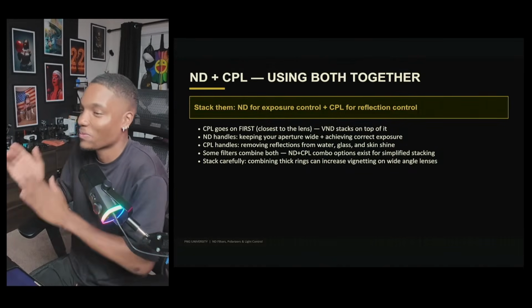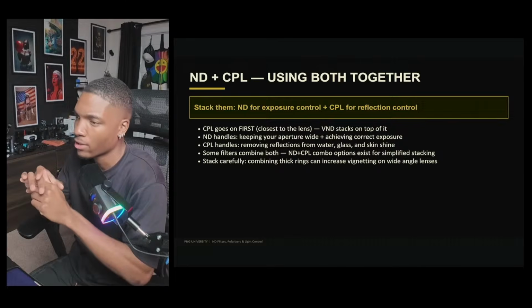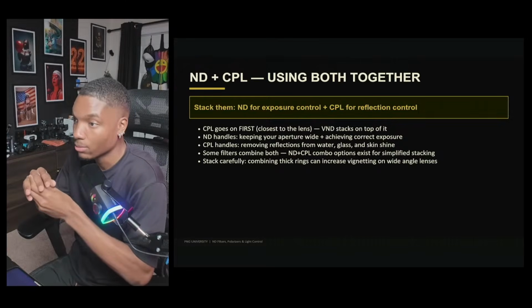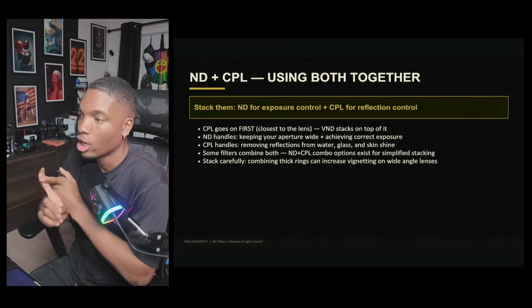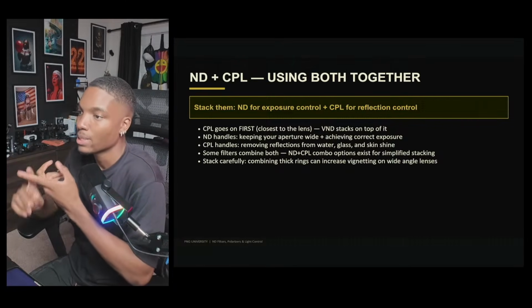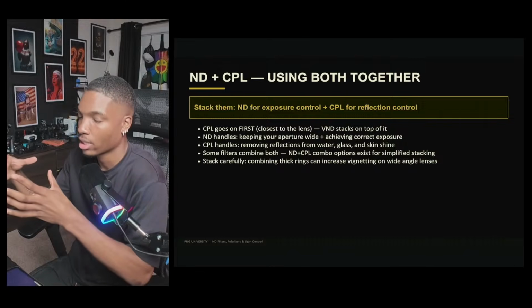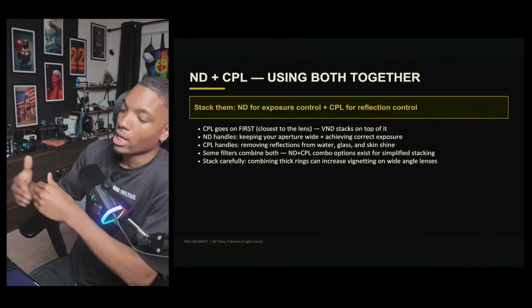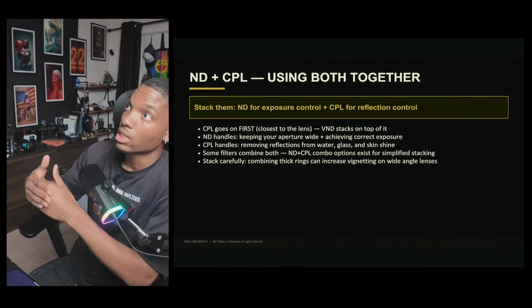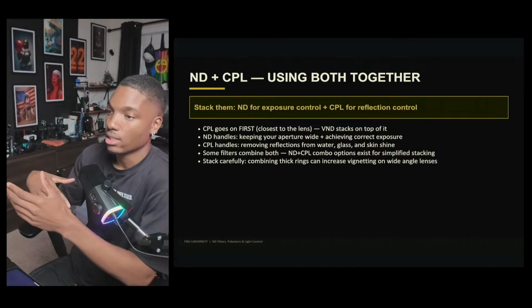ND and CPL, you can definitely use them both together. So this is like the spot for you, Kai. You could stack them for sure. You can have exposure control from the ND, and then the CPL be that reflection control. The CPL should definitely go on first. It needs to be the closest to the lens, all right? If you put it on afterwards, it will be morphing what the ND sees, right?